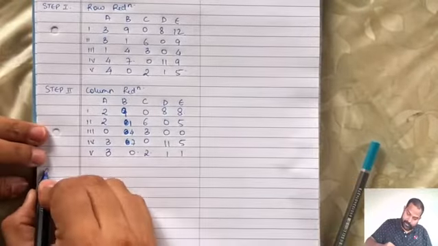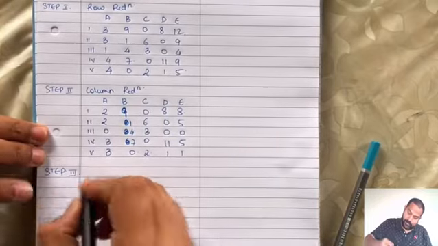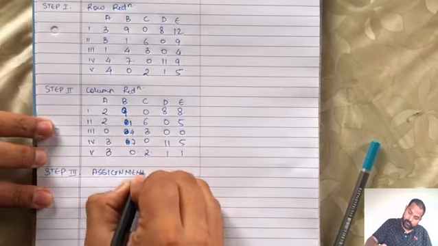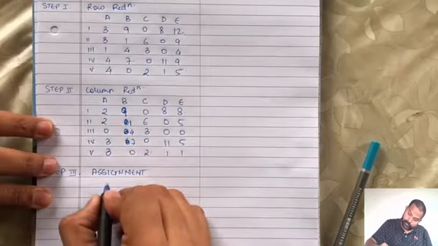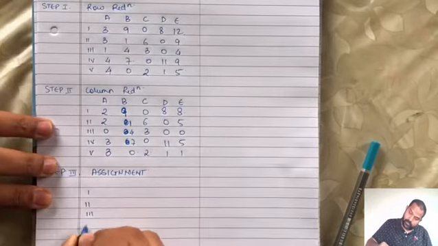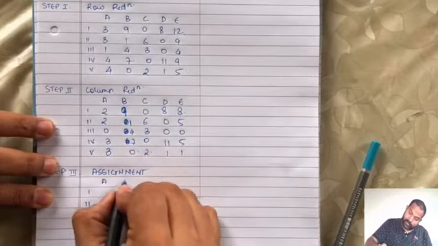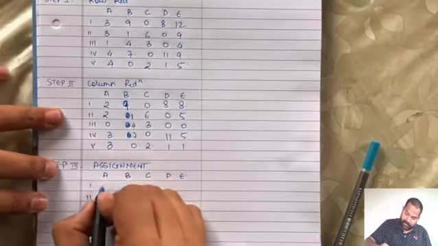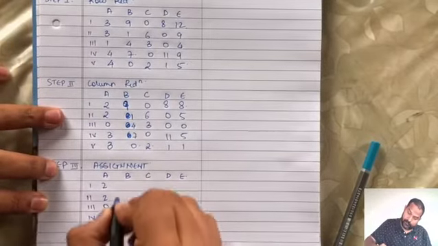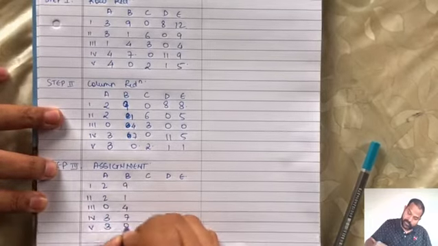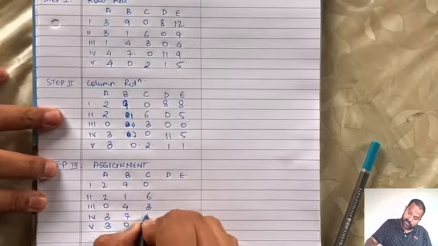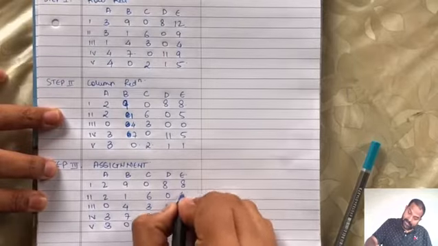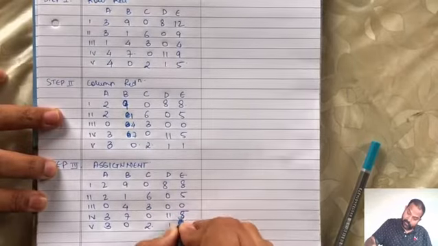So, for assignment, we write down the matrix as and how it is. 1, 2, 3, 4, 5, A, B, C, D, E. Let's start writing it down. 2, 2, 0, 3, 3, 9, 1, 4, 7, 0, 0, 6, 3, 0, 2, 8, 0, 0, 11, 1, and lastly 8, 5, 0, 0, 5, 1.